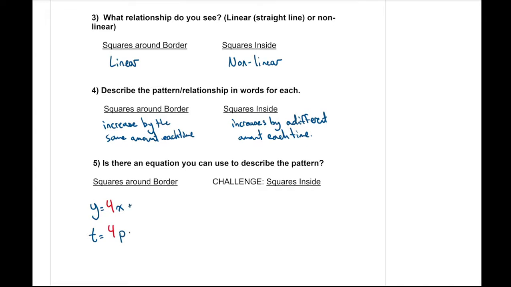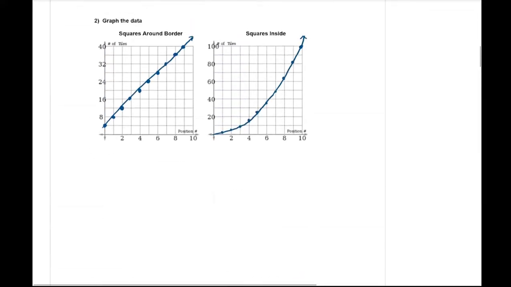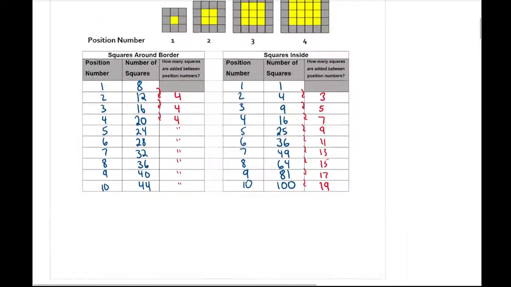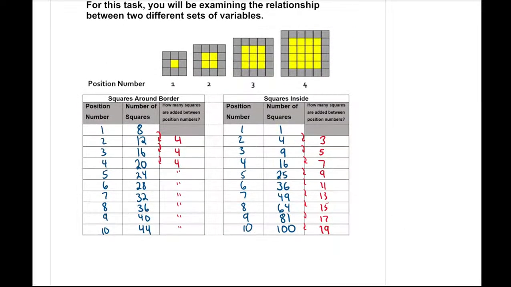And we should recognize that we still need a constant. If we go back and look at our graphs, we can see that our linear graph does not cross through 0, so there is a constant involved. And if we go back to our table and go back to position 0 and reverse everything, I should end up with a value of 4 when the position or the input is 0.